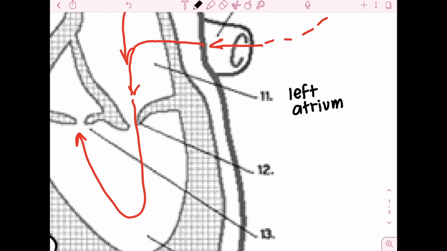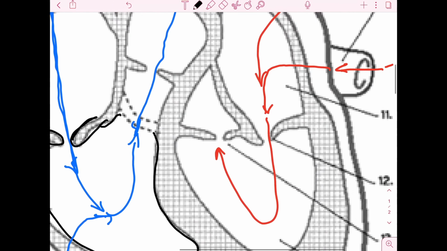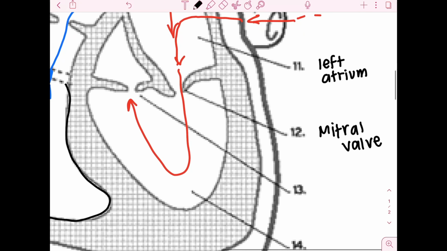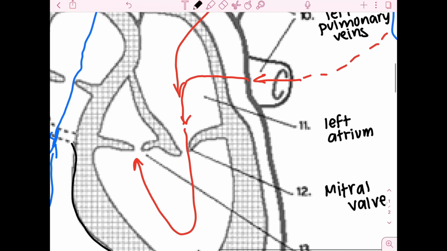Number 12 is going to be the mitral valve. Similar to the tricuspid valve we have over here, the mitral valve prevents blood from flowing in the wrong direction, and it actually separates the 2 chambers on the left side of the heart, similar to the right side of the heart.